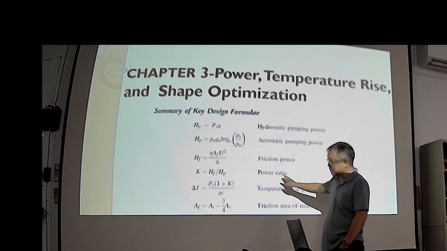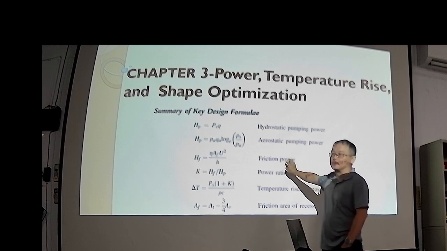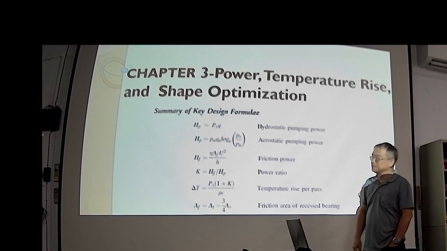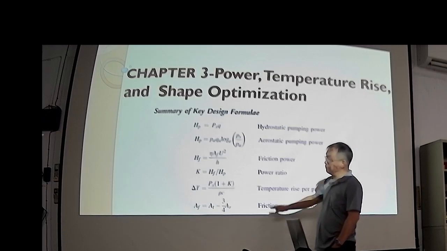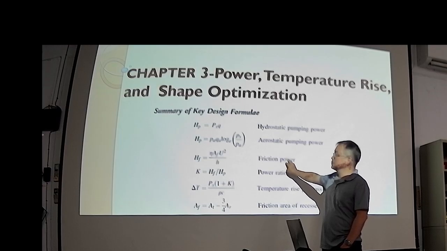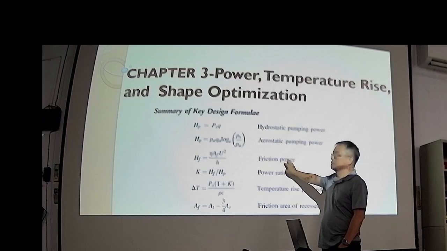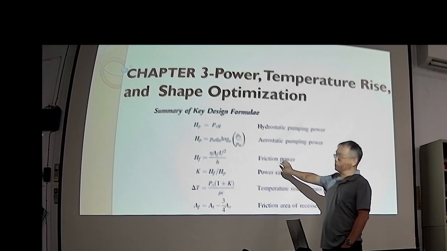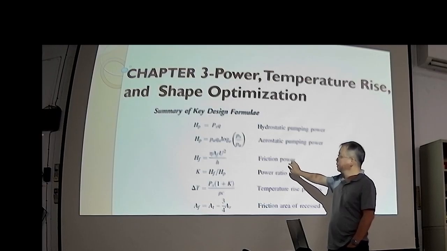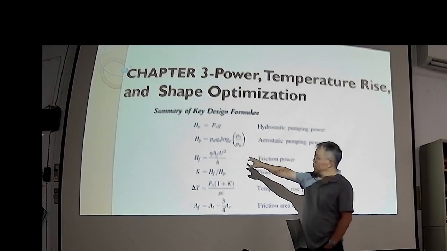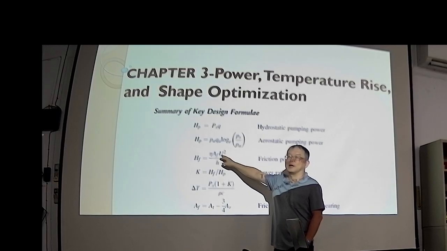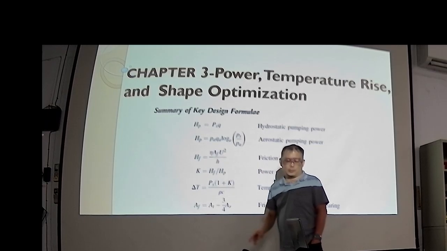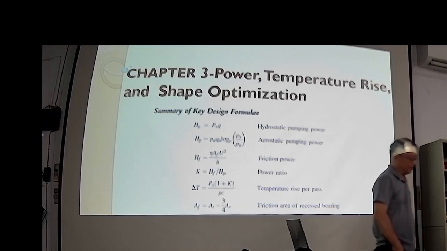This is the calculation of the pumping power of the bearing. And another case is the calculation of the friction power between bearing surfaces. So we have a bearing surface for the bearing length. Okay, so multiply with the moving speed of the bearing, then we will have a friction power of the hydrostatic bearing.